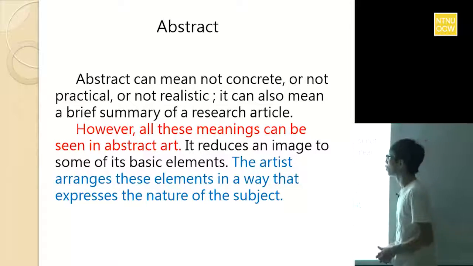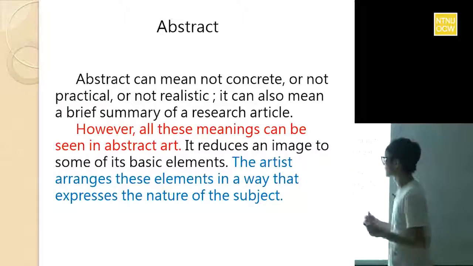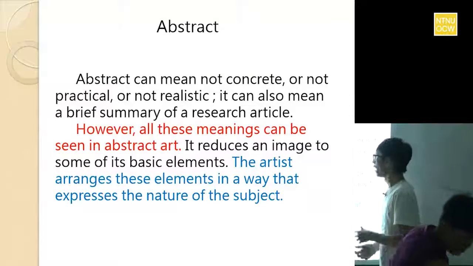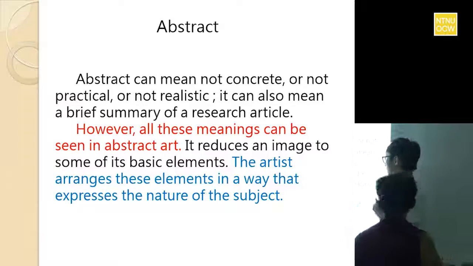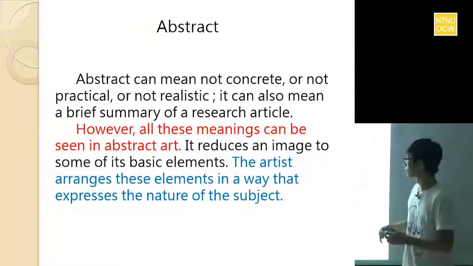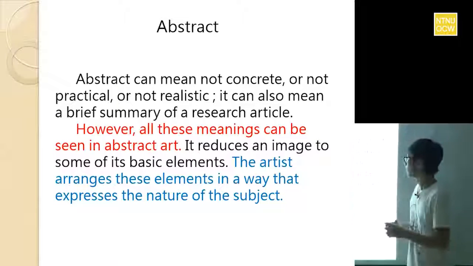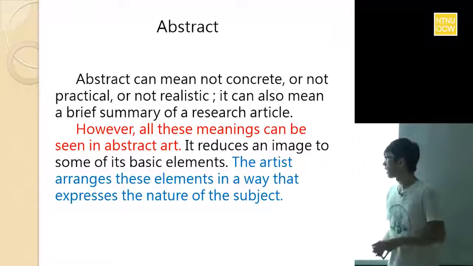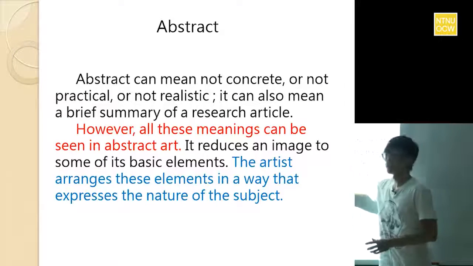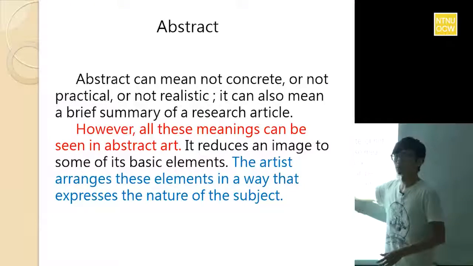It can also mean a brief summary of a research article. However, all those things can be seen in abstract art. So today, the main idea of abstract art will explain all of this above.